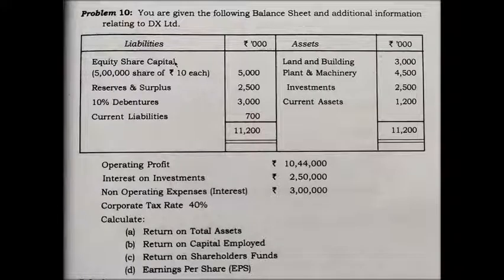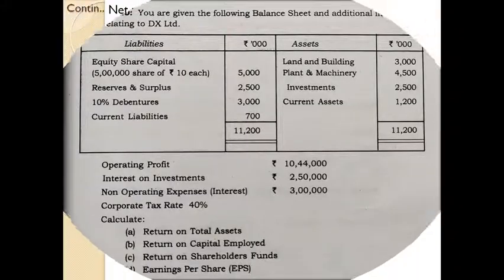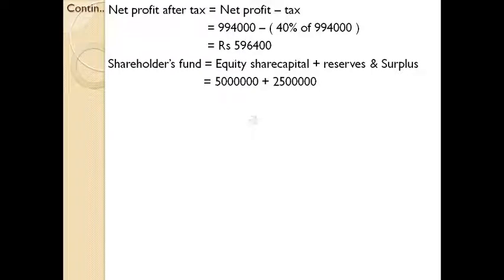Equity share capital is already given in the balance sheet, that is 5,000. Reserves and surplus 2,500, and there is no other information, so just add both items and you will get 75 lakhs.